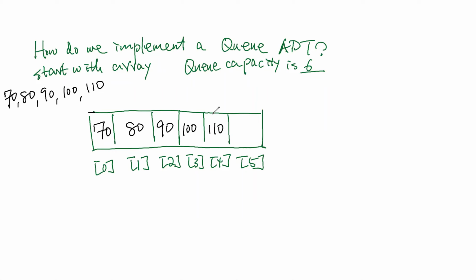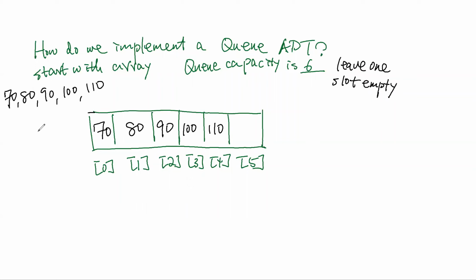Generally speaking, when we implement a queue, we don't use the full capacity of the array to store all of the items. We leave one slot empty.